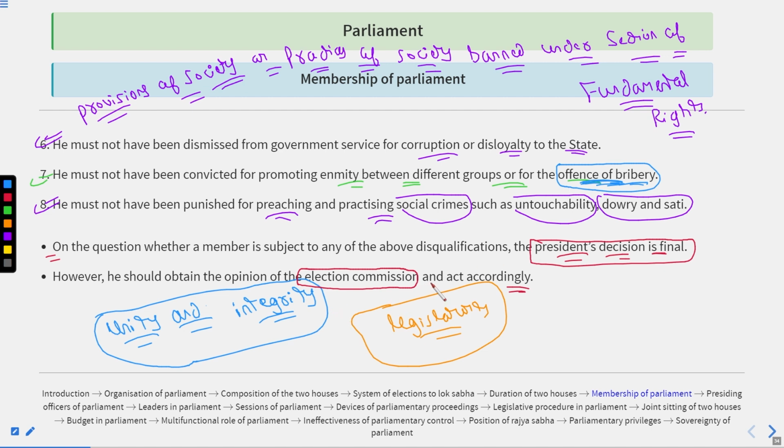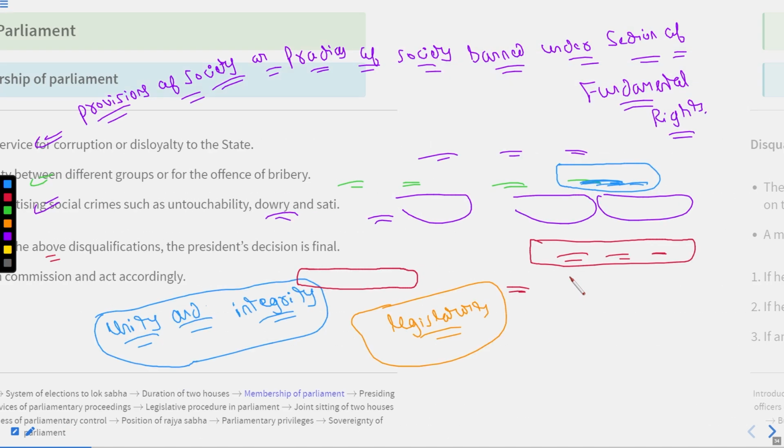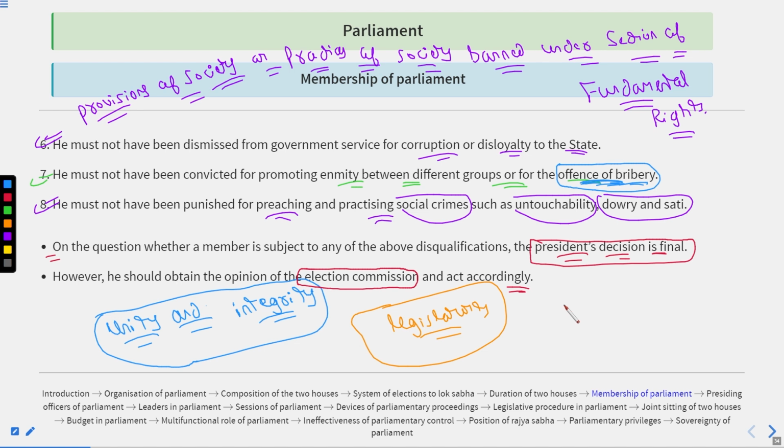Once the election commission says that this person is disqualified, the president will pass the order to remove the person from parliament. If the election commission does not give the opinion to remove the person, the president will not remove the person. So these are the areas.